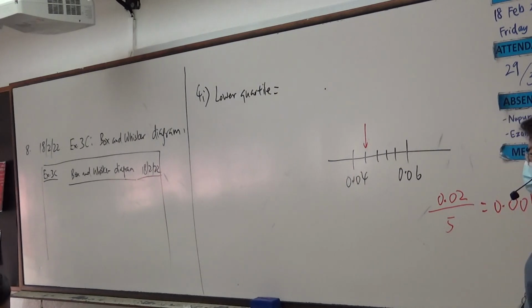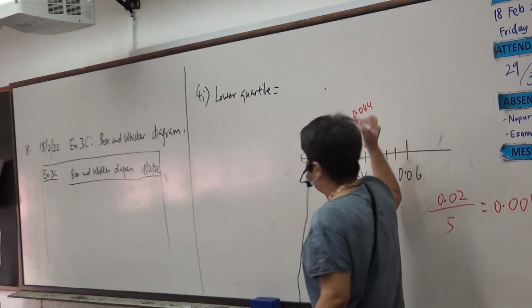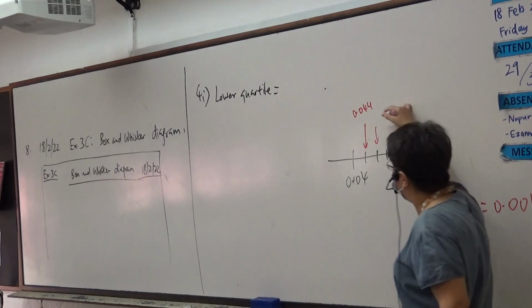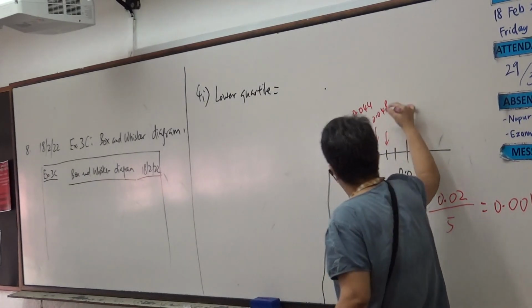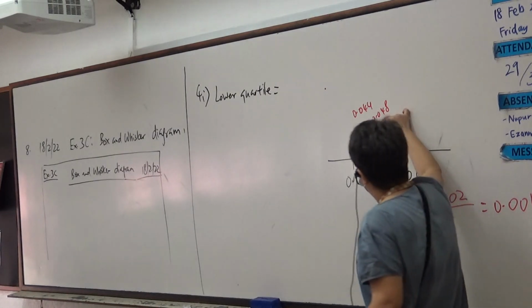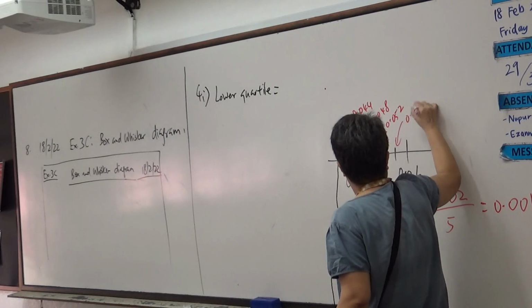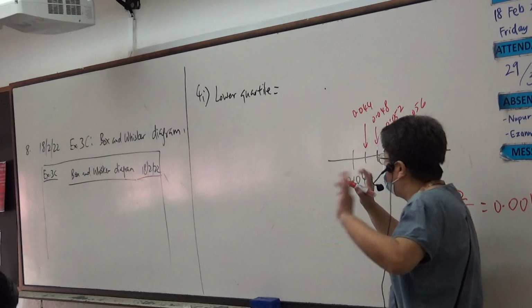0.004, right? Okay, so how much is this? Right? How much is this? 0.048. Very good. How much is this? 0.052, right? How much is this? 0.056, right? Everybody clear? Now, this one, lower quartile is very good.